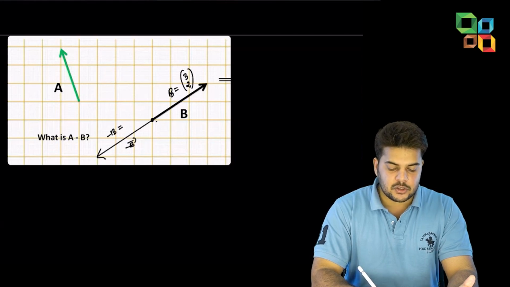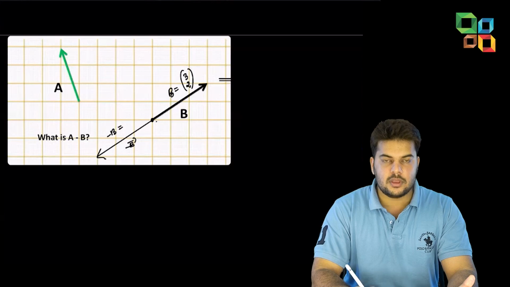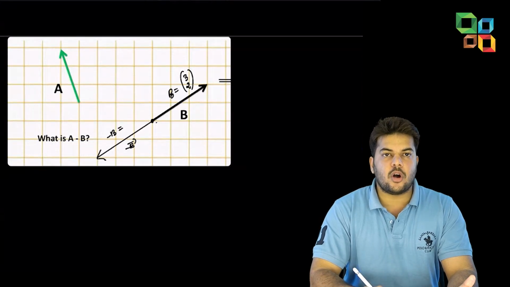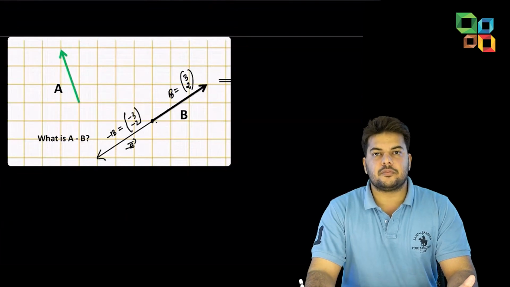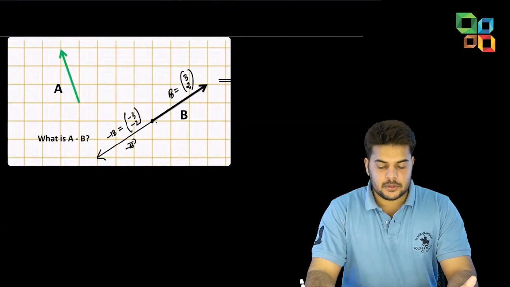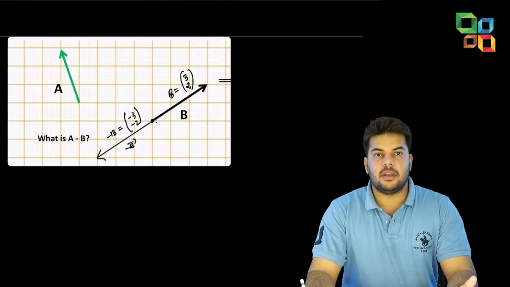It's as though I'm multiplying the negative sign to both the components. So negative B vector is negative 3, negative 2. Agreed?